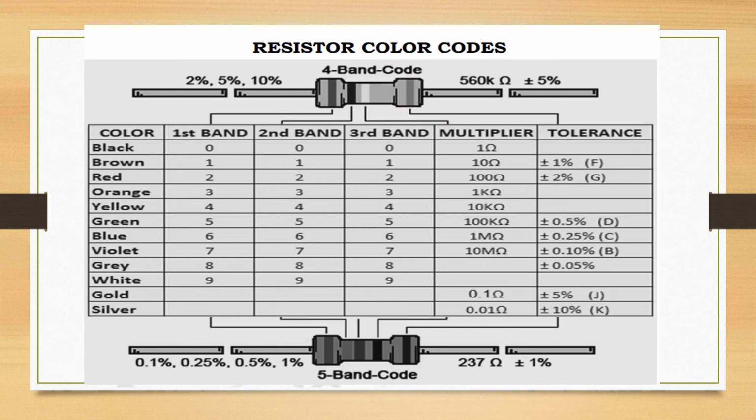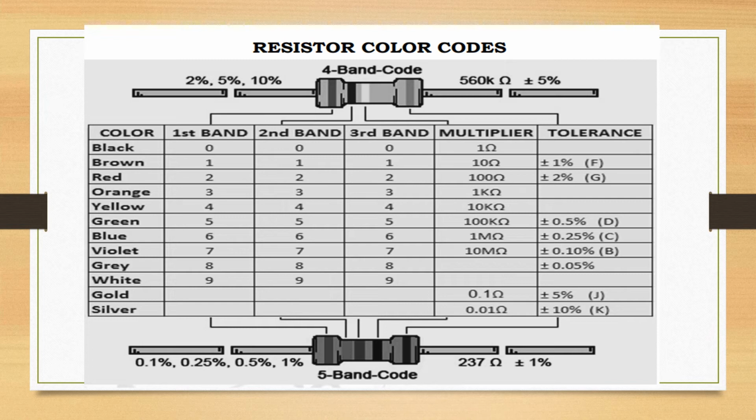Resistor color codes. Just always remember this. For black, the first band is always 0 up to the third band, and when you see black as the multiplier and the tolerance, it is 0. For brown, whether it's the first, second, or third band, it is 1.